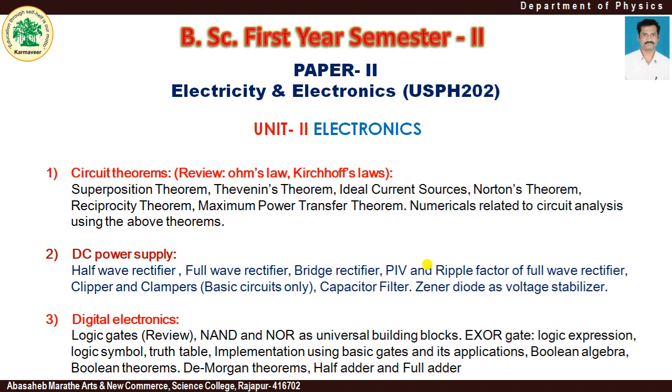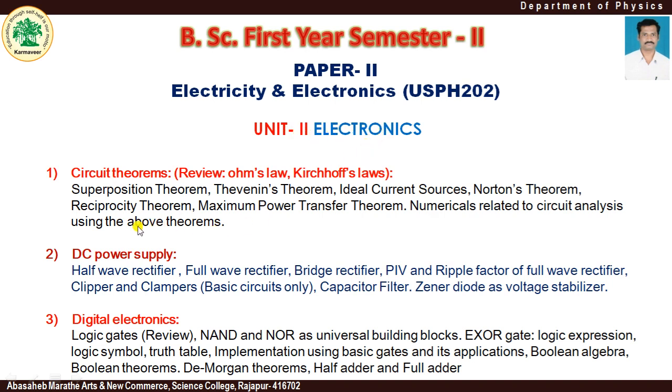The unit second Electronics of this paper consists of mainly three chapters. The first chapter is the circuit theorems. The second chapter is DC power supply, and the third chapter is digital electronics. All these three chapters belong to the unit second, Electronics.